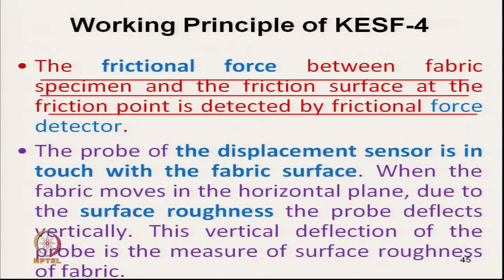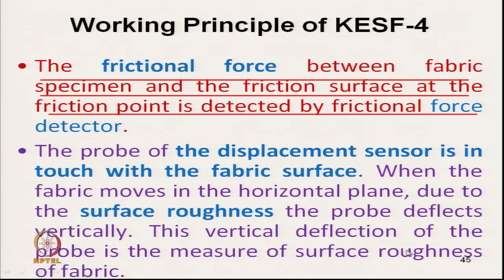That means the probe of the displacement sensor is in touch with the fabric surface. When the fabric moves in the horizontal plane, due to the surface roughness, the probe deflects vertically. If the fabric surface is perfectly smooth, there will not be any vertical deflection.